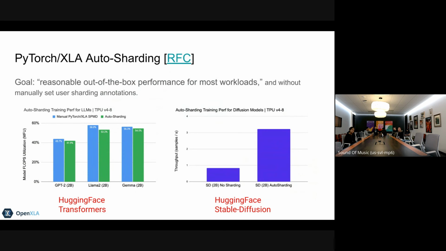So it achieves our goal of providing reasonable out-of-the-box performance. Auto sharding also works with non-transformer-based models, like Stable Diffusion. If you look at the plot on the right, we used auto sharding on Hugging Face Stable Diffusion training, and the training throughput jumped threefold from the original unpartitioned training script throughput. So auto sharding also works with non-transformer-based models, and that was a pleasant surprise for us.